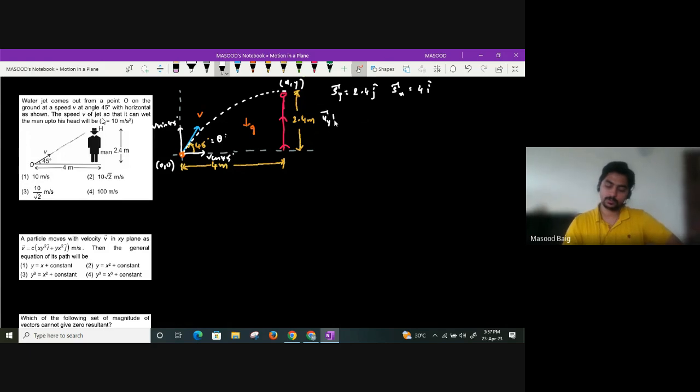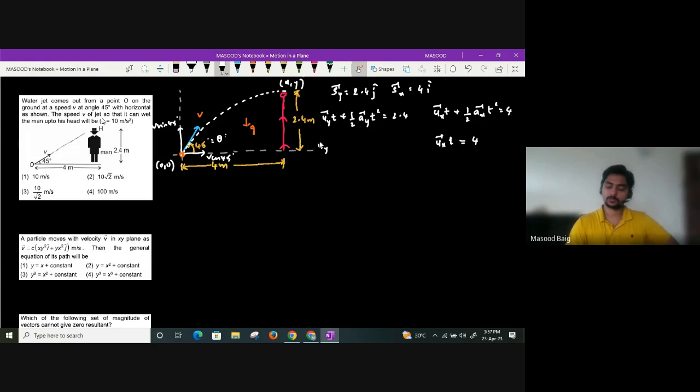Uy bar into t plus half ay bar into t square will be equal to 2.4. In the same manner, ux bar into t plus half ax bar into t square should be equal to 4. There is no acceleration in the x direction, so ux bar into t can be taken as 4.